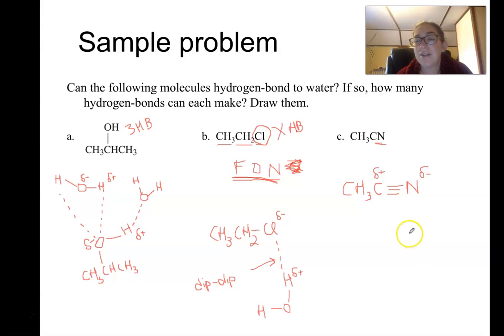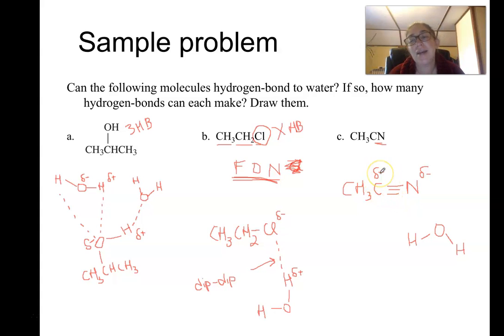All right, so if we draw ourselves a water molecule, the question is, where is the hydrogen bond going to be? Okay, so this oxygen is partially negatively charged. It's not really attracted to this carbon though.